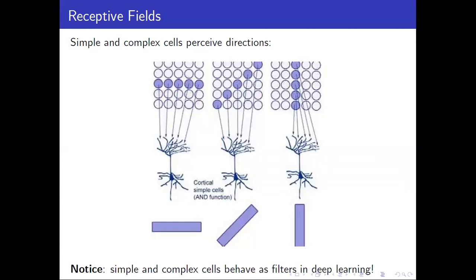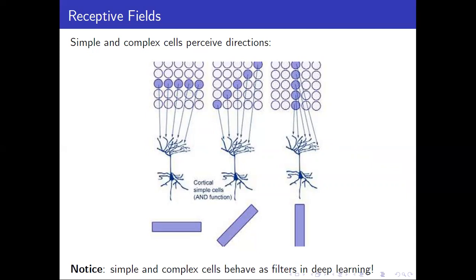So how does it work in our brain? In our brain, we have simple and complex cells, and somehow these cortical cells behave like filters. They are able to detect directions. If you remember my previous lectures, I was making a lot of noise regarding filters.